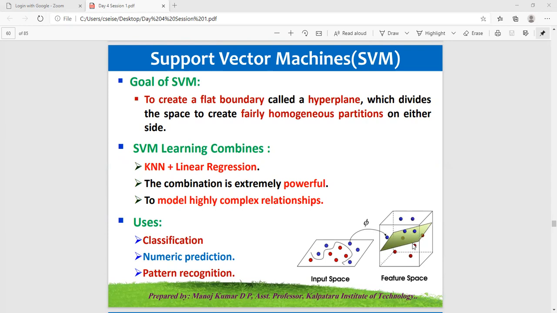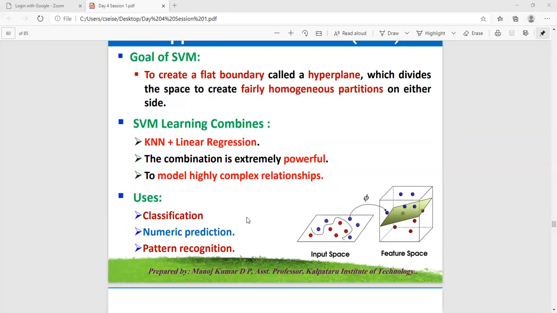In between those we create a space, and that is called a hyperplane. The hyperplane is the green colored plate, which divides the homogeneous partitions. It is used for classification, numeric prediction, and pattern recognition. So understanding the support vector machine means it creates a boundary which divides the homogeneous partitions on either side.